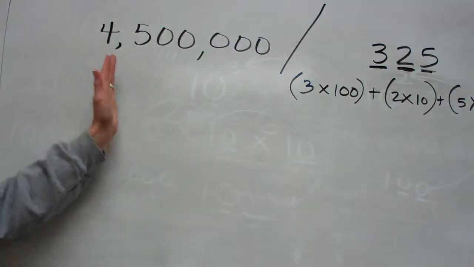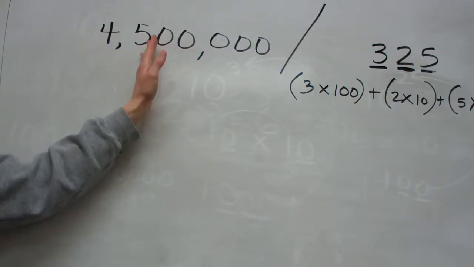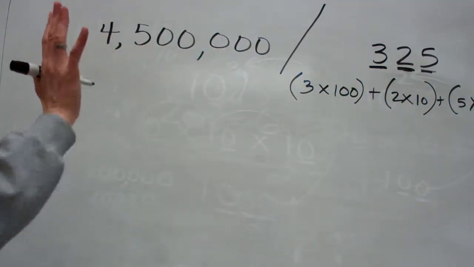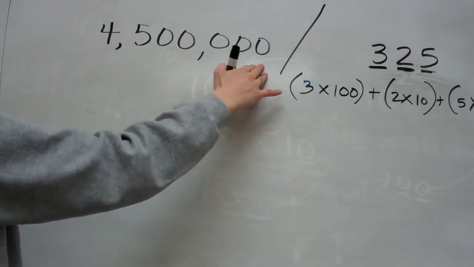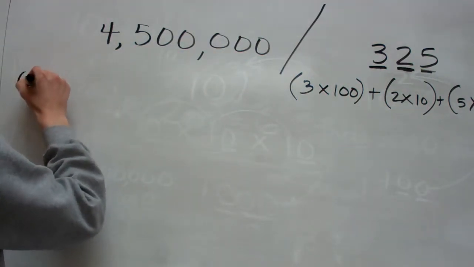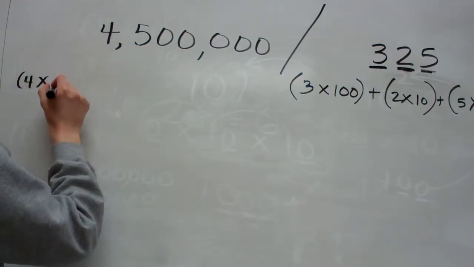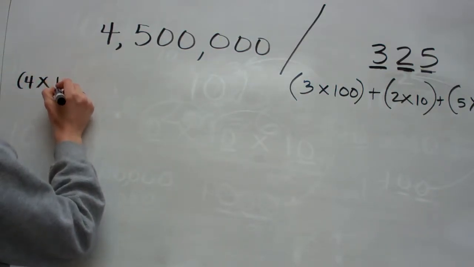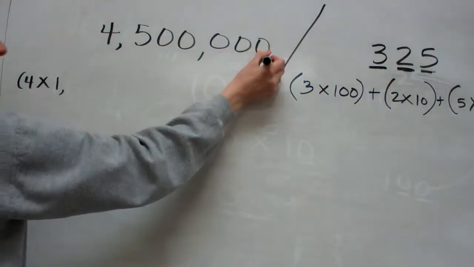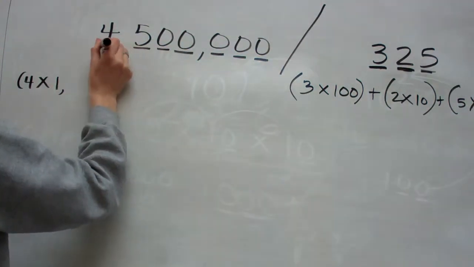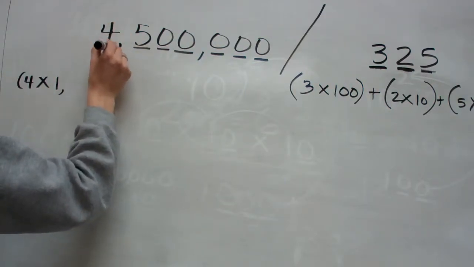Okay. Now let's go over here. Who remembers, do we do zeros? No. Okay, so stay with me. Easy. We're going to do this problem. 4 times 1 million. I'm going to put 1 because this is the ones, tens, hundreds, thousands, 10,000, 100,000, million. I'm working with the 4, so I'm going to do million.